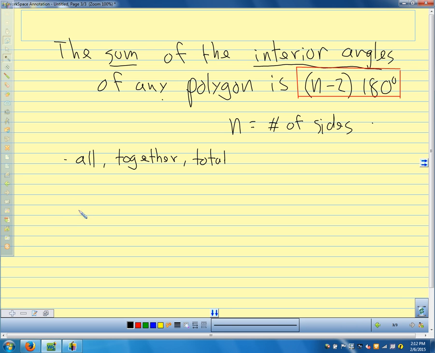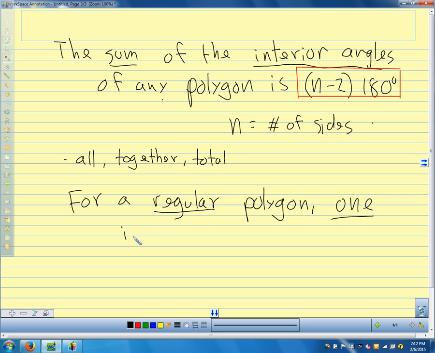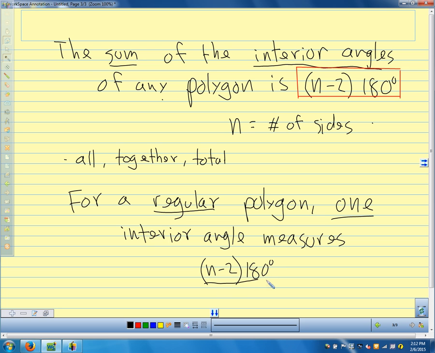So for a regular polygon, one interior angle measures n minus 2 times 180 degrees divided by n.